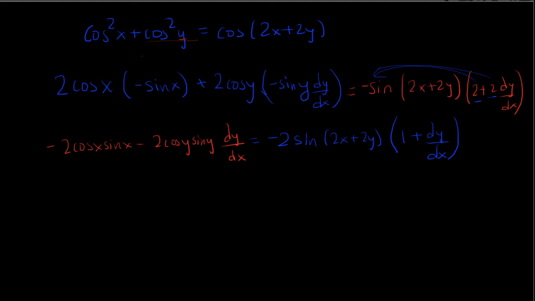So I'm going to continue here. I'm going to FOIL out, or distribute, the negative 2 sine of 2x plus 2y. So I'm going to distribute it to both terms.